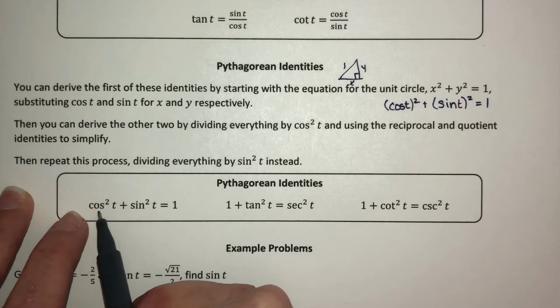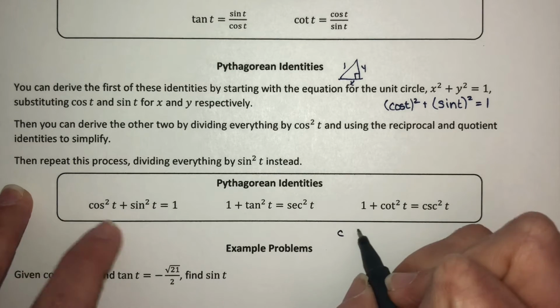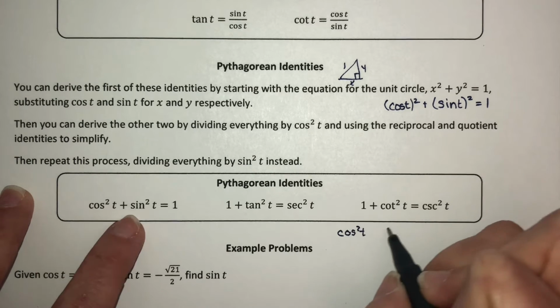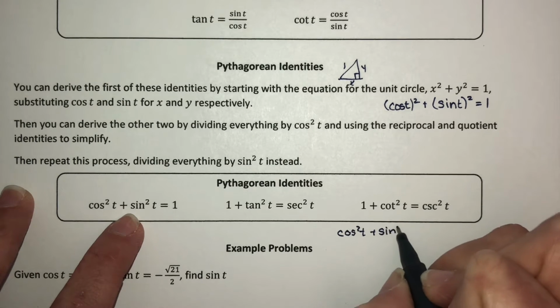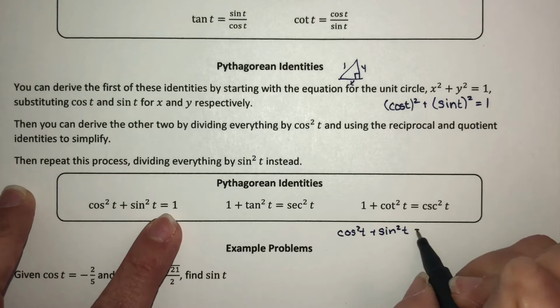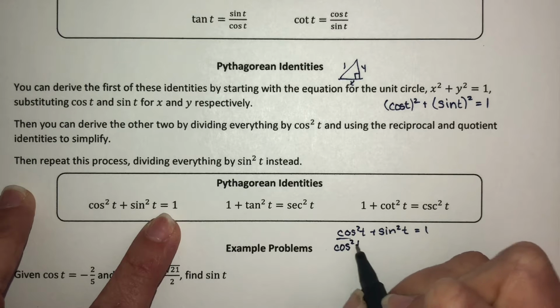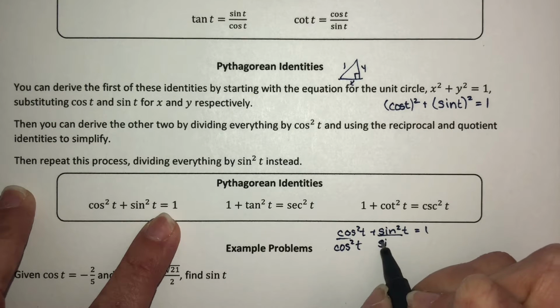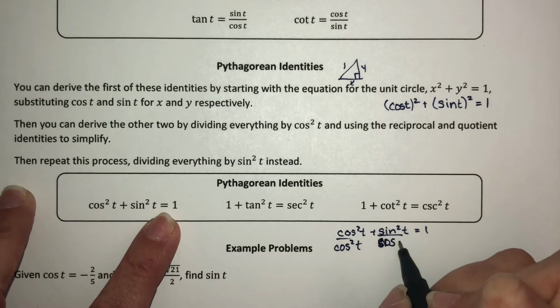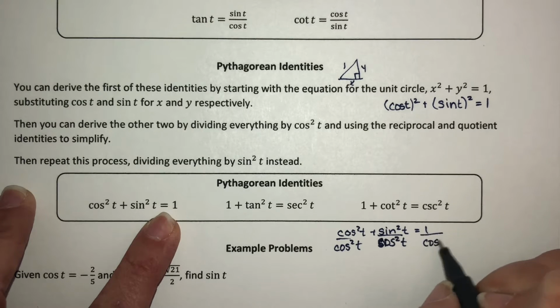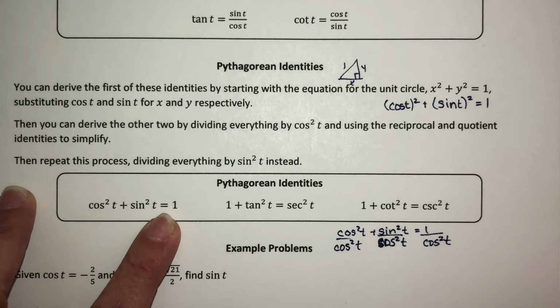Now, if I want to get this one, all I have to do is divide all of these by cosine squared. So I would have cosine squared of t plus sine squared of t is equal to 1, if I divide everything by cosine squared of t. And then use what we've done before.